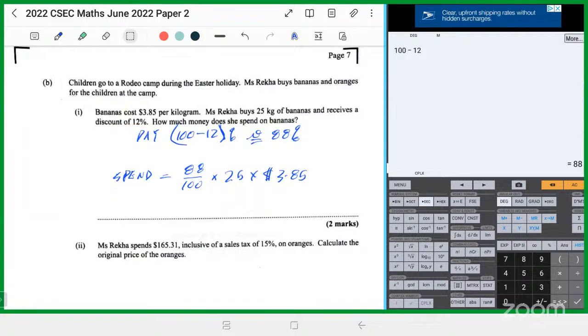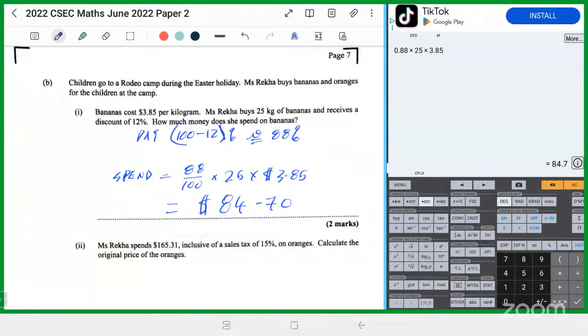So the amount she pays is, we're going to just do this calculation. She pays 88%, which is 0.88, times 25 kilograms times 3.85 per kilogram. So she's paying $84.70.